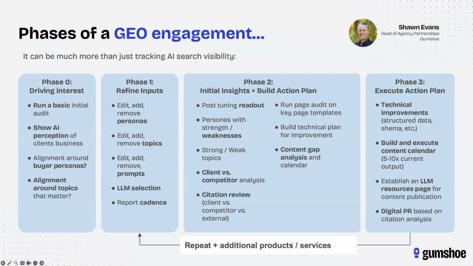Is it relevant to that topic and to those personas? Is the brand URL being cited? Are there competitors being cited? And for the URLs that are being cited most frequently, is your brand in that discussion? Are they in the article? Are they in the video? These are all the types of insights that you can get out of the platform today that can really inform the plan that you roll out.